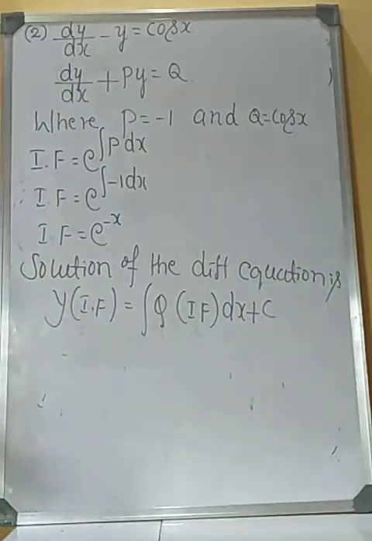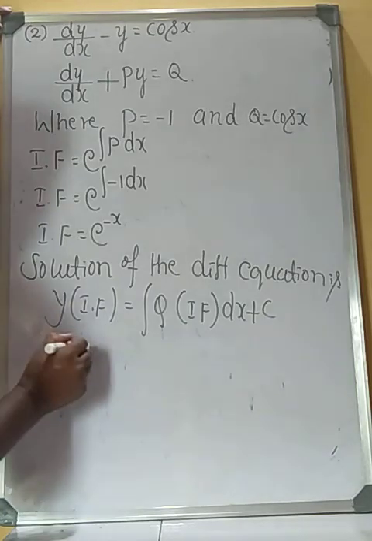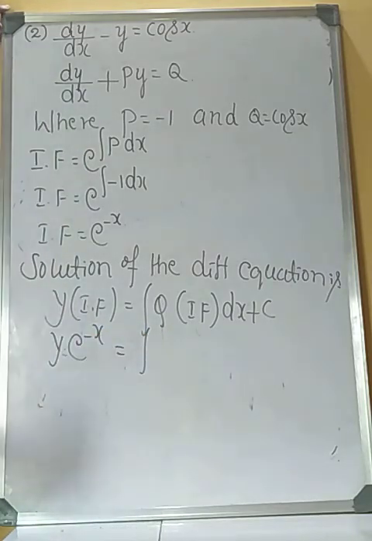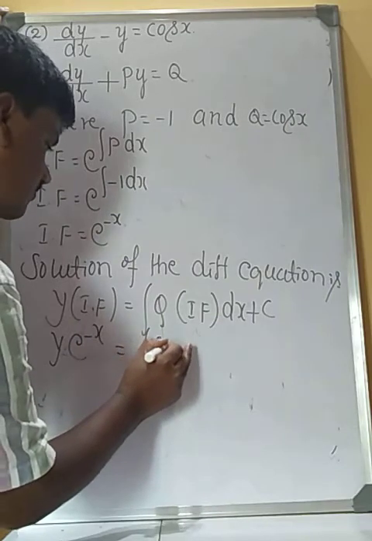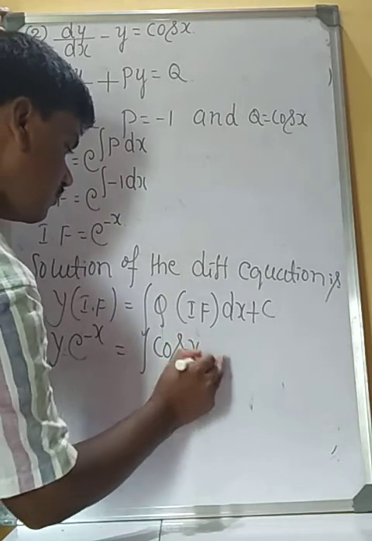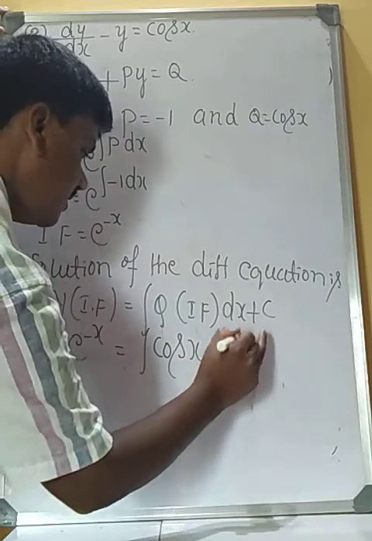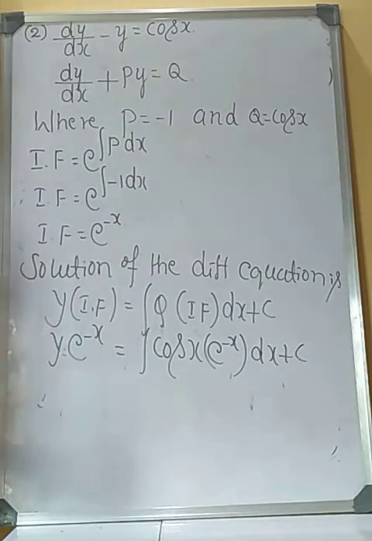So write y into integrating factor e power minus x is equal to q, which is cos x, into integrating factor e power minus x into dx plus c.